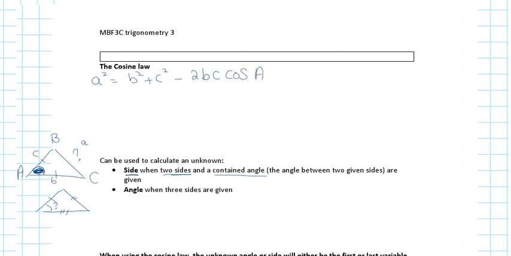Okay? So ABC here are different than the ABC in the Pythagorean theorem, because we're not talking about a right triangle. So, I know B and C, and I know angle A. I'm looking for side A, so my formula is A squared equals B squared plus C squared minus 2BC cosine angle A. And that's why it's called the cosine law, because you have to take the cosine of the angle given.